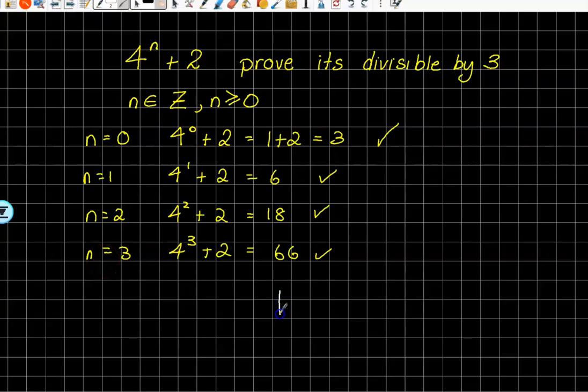And if we can say, well, if it's true for this one, let that be k, and if we can say it's then also true for the next one, well, then it would have to be true for the one after that, because if we've proved it was true for this one and the next one, well, what if this was then that first one? Then it's true for the next one. Does that make sense? And it's true for the next one, the next one, the next one. And because we've proved that it's true for the very first one, that means it has to be true for all of them.